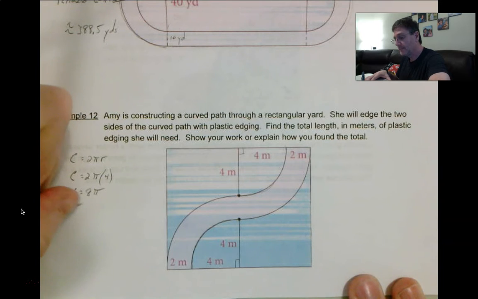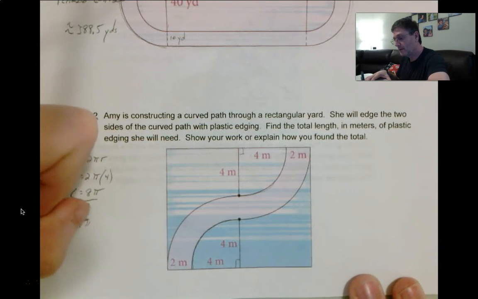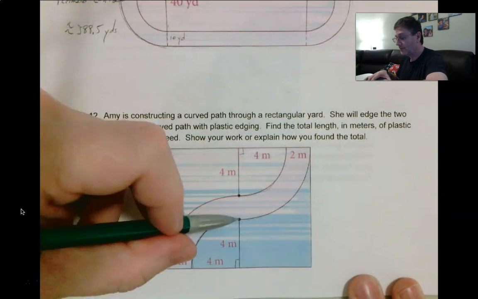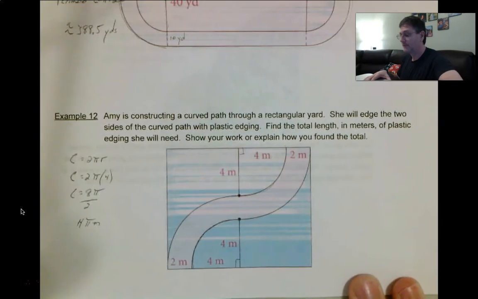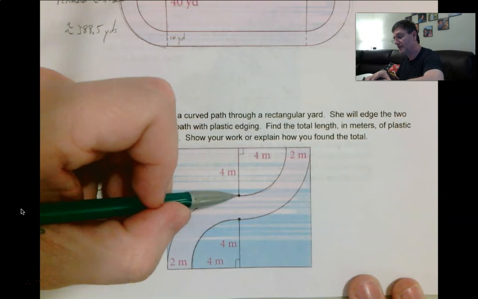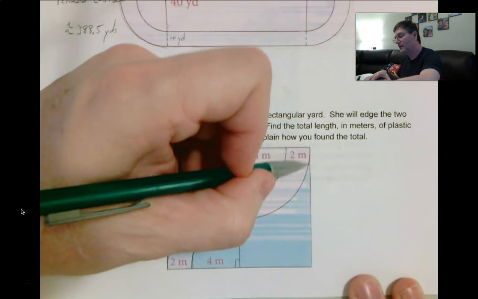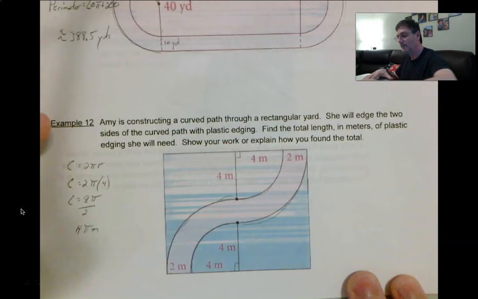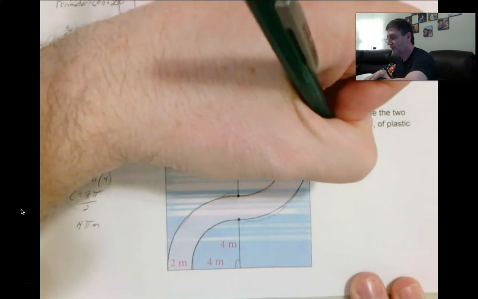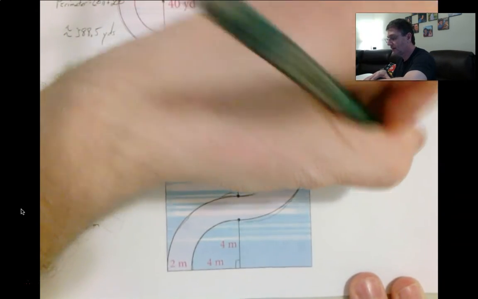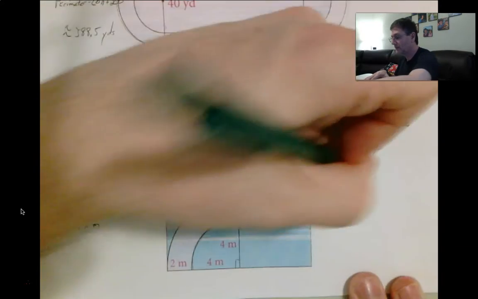So we're going to deal with half of that, 4 pi meters for this part of the edging. We still have to deal with this quarter of a circle and this quarter of a circle. So we have another circle here equal to 2 pi r. So circle 1, circle 2.